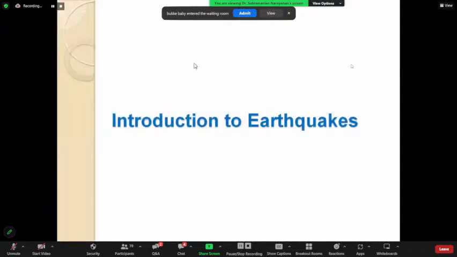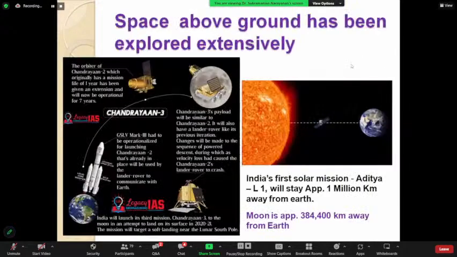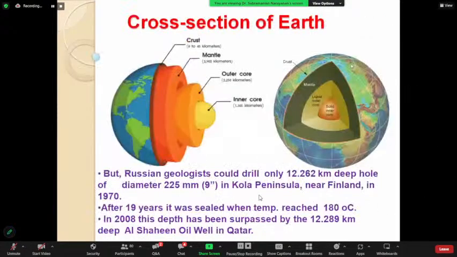Though we have explored space above ground extensively, we have landed on the moon, and recently India has sent its first solar mission, Aditya L1, which will stay approximately 1 million kilometers away from Earth, we have not gone very deep into the ground.